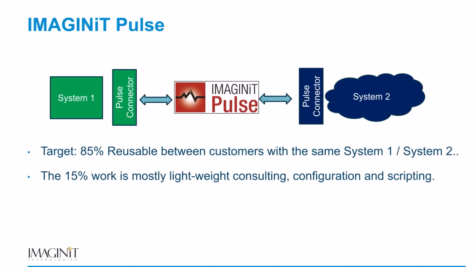What is the exact mapping of fields? What is the logic that needs to happen? What are the workflows that need to happen to be able to integrate different systems together? And so Pulse was our attempt to really productize everything that could be standardized between an integration between different systems and loosely couple them together.